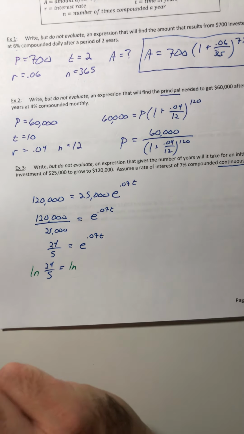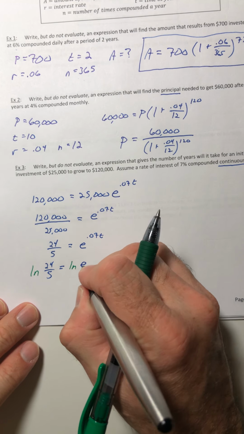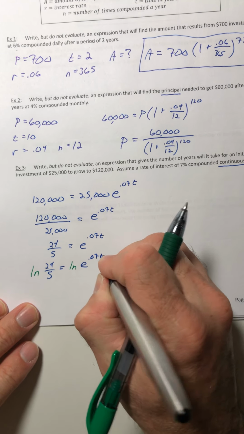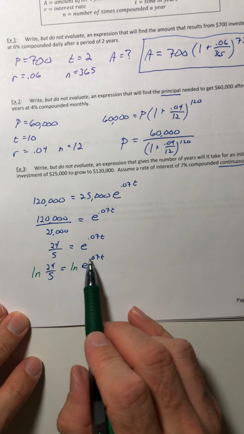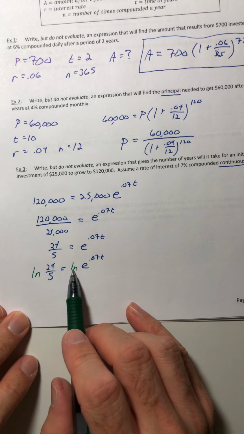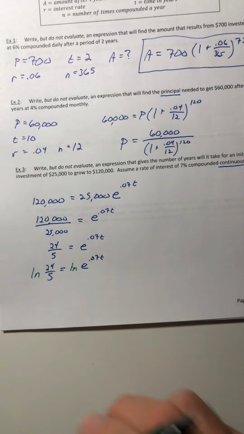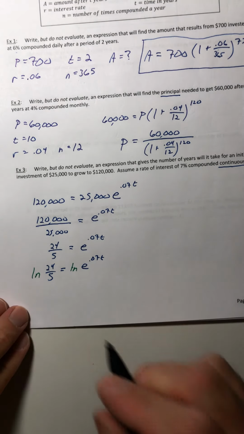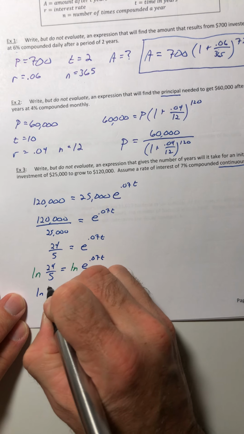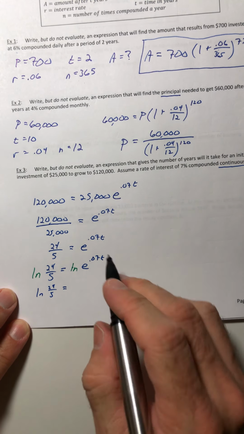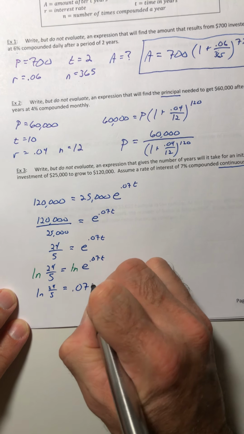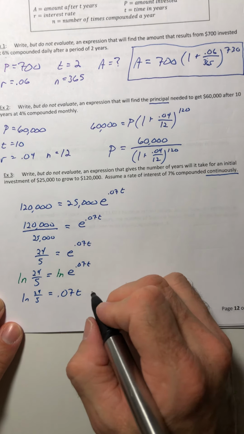So if I take the natural log of both sides, it's going to allow me to cancel out the ln and the e. So I have ln of 24/5 equals, and then on the right side it's just 0.07t.